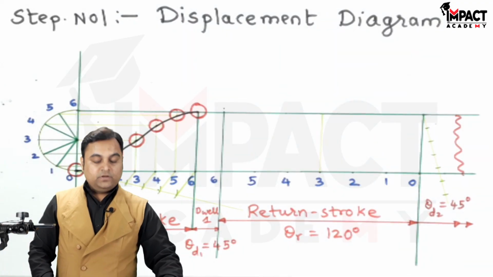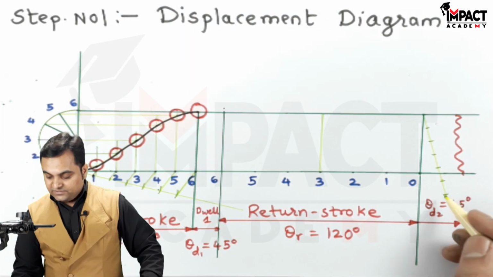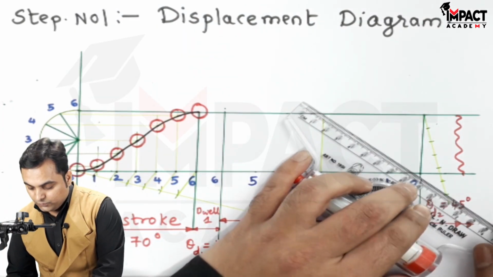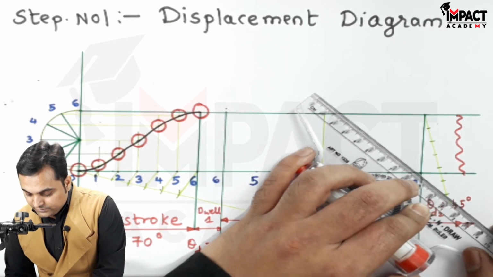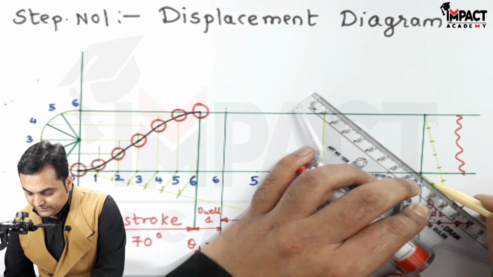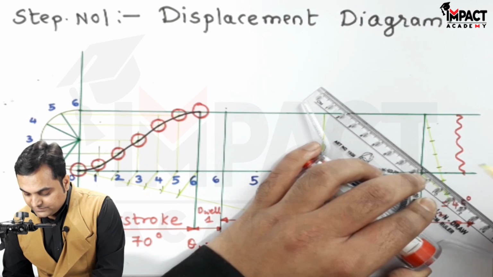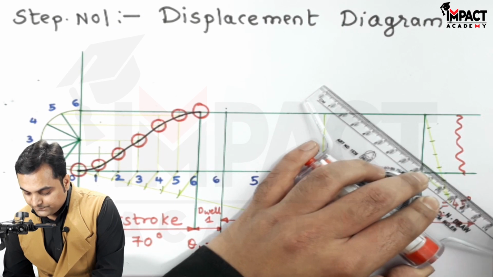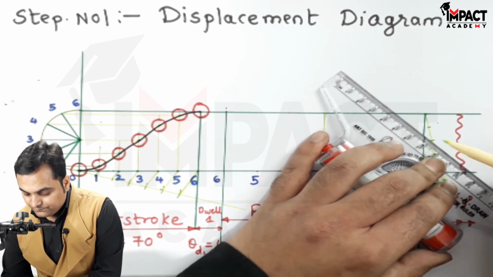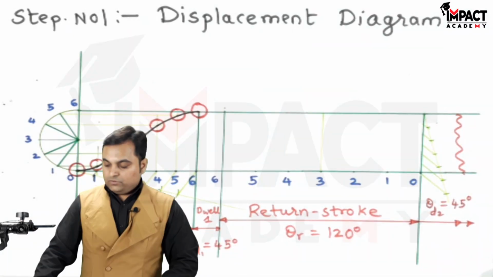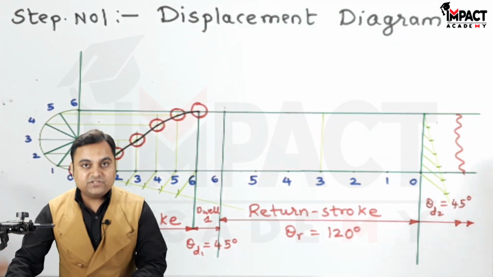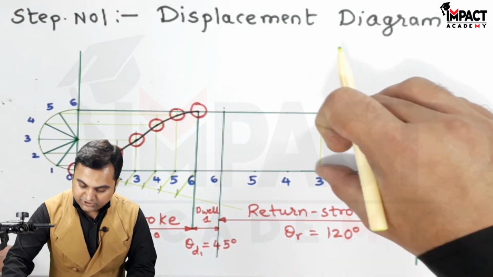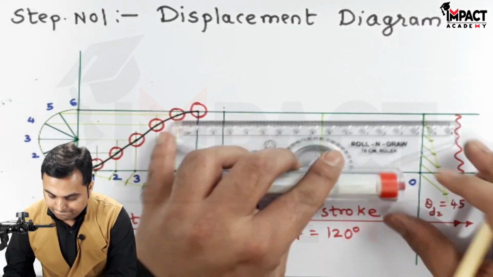Next, connect the last division to this point O, which is the height or the lift, and then draw parallel lines with the reference. So here whatever the divisions I am getting, I'll project it on this midpoint.